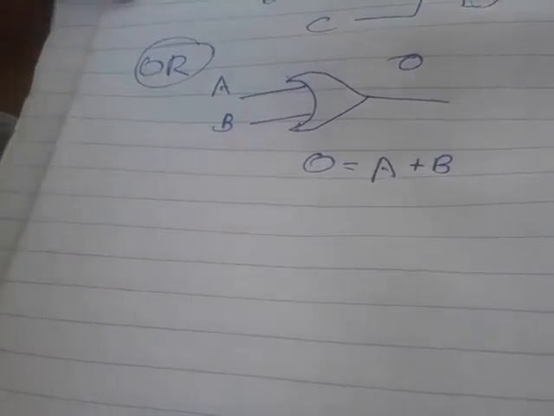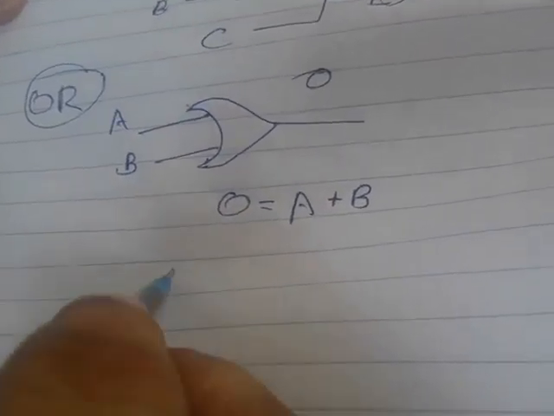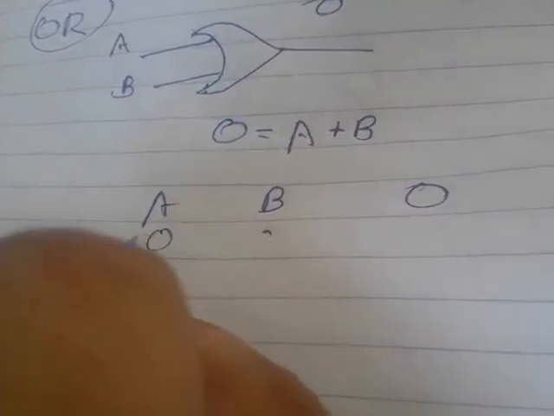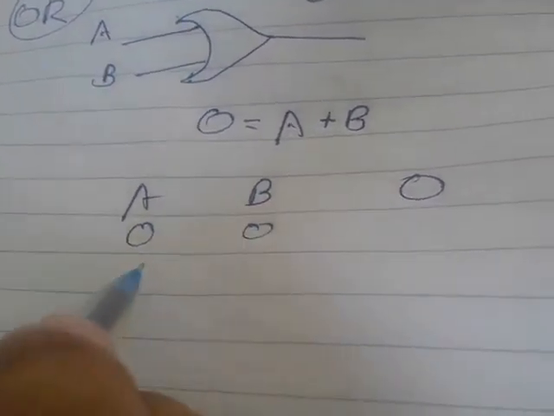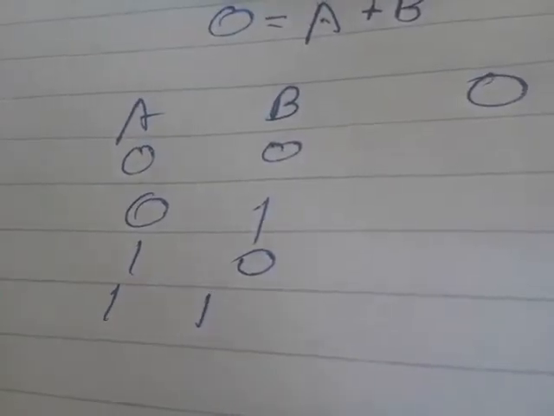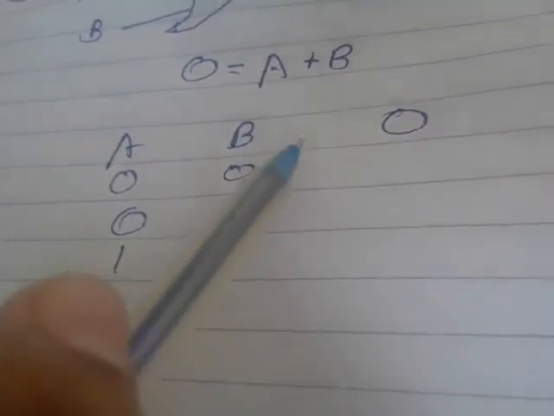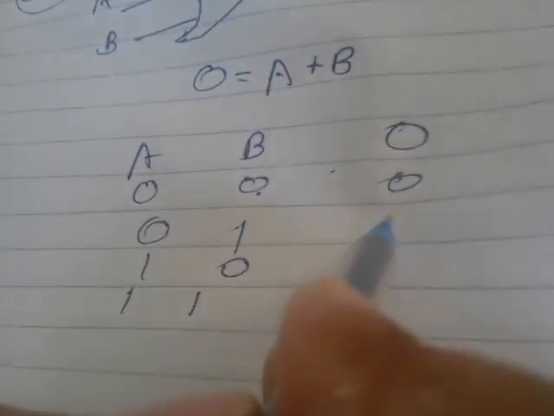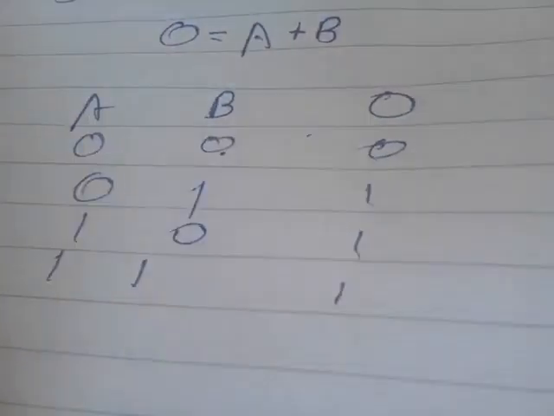So similarly, the truth table will be A, B and O. A will be 0; the input combinations will be 0 0, 0 1, 1 0 and 1 1. Only if both the inputs are 0 will the output be 0, else in all other cases it will be 1.